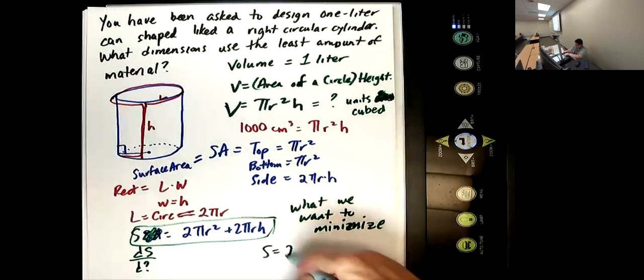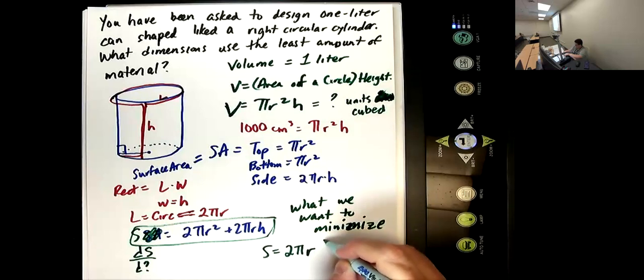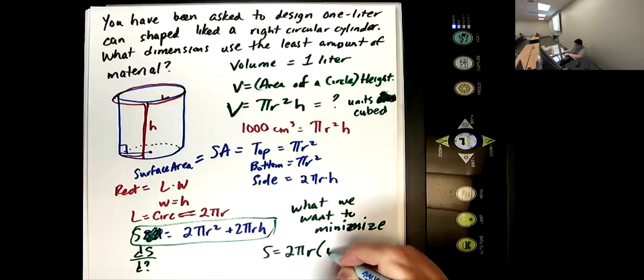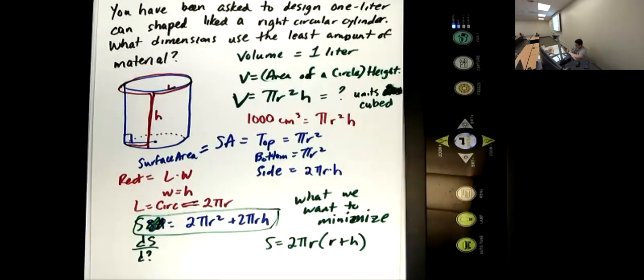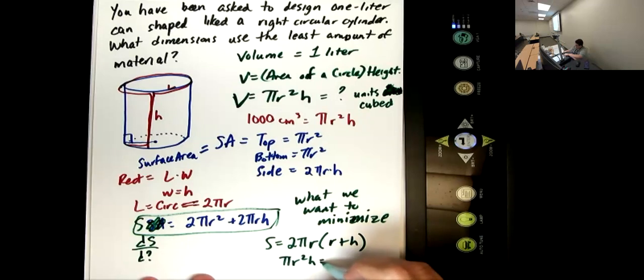Maybe I could show factoring out a 2 pi r. I'm left with an r plus h. And my other equation I have is pi r squared h equals 1000.